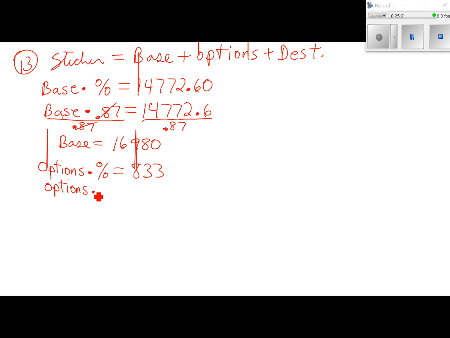The percent for the options, they said was 0.85. And all we're gonna do here again is divide this side by 0.85. Remember, when you're dividing by something like 0.85, your answer should get bigger. And when I did it on my calculator, I got $980.